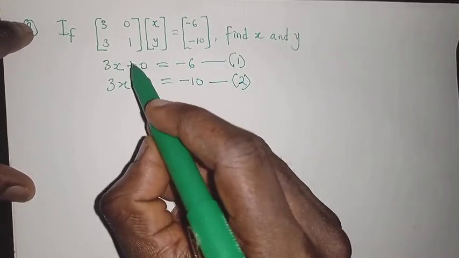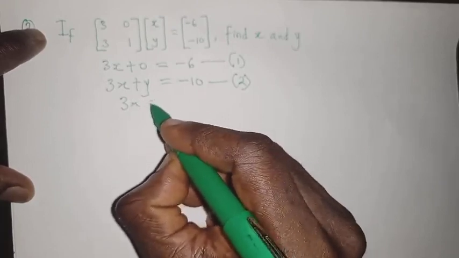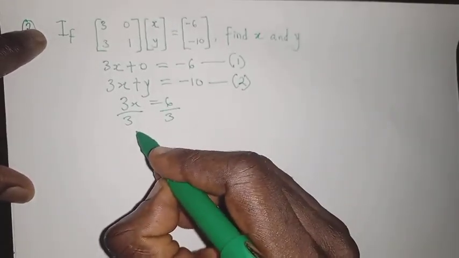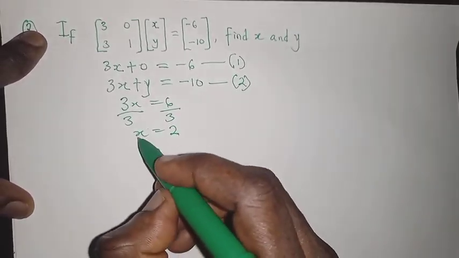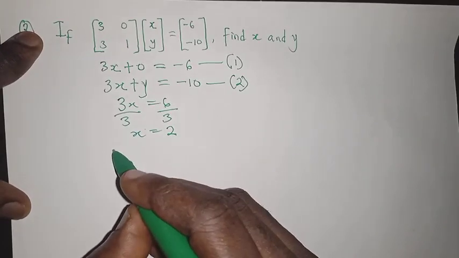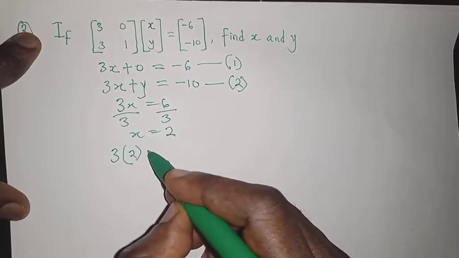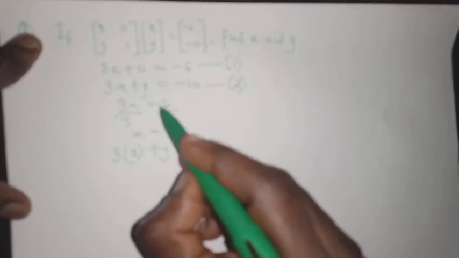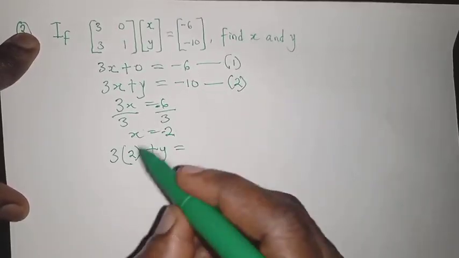So basically, if 3x equals 6, it simply means that we know the value for x, and the value for x is simply 2. So I'm going to slot that into equation 2. So if x equals 2, it simply means that 3 times 2 plus y equals, oh sorry, there's a negative sign here, so that's negative 2.